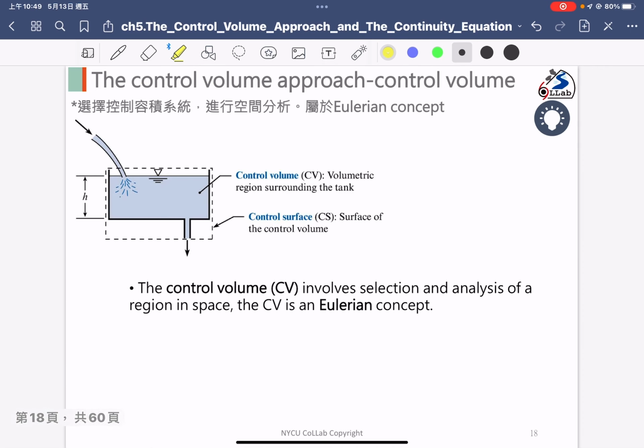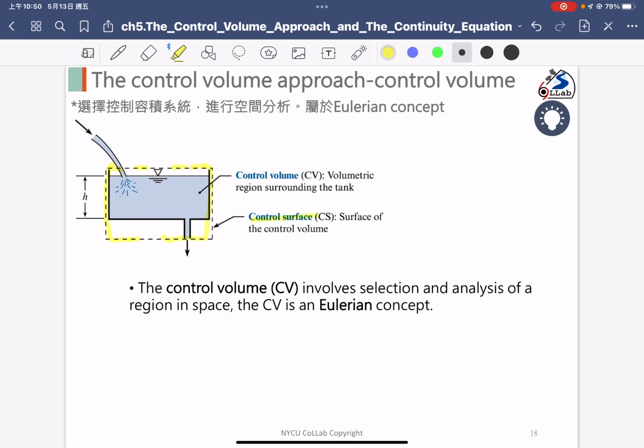So what is the control volume? I depicted the control volume boundary. The dashed yellow line here is the control volume boundary, which we call the control surface.